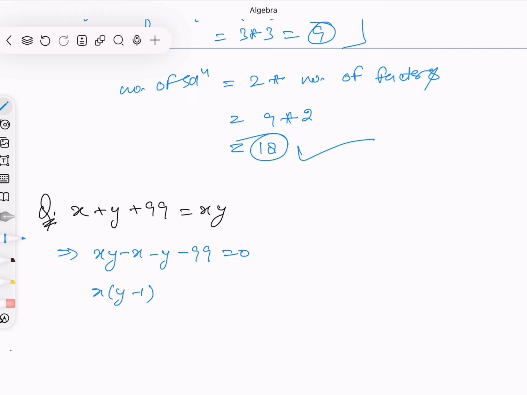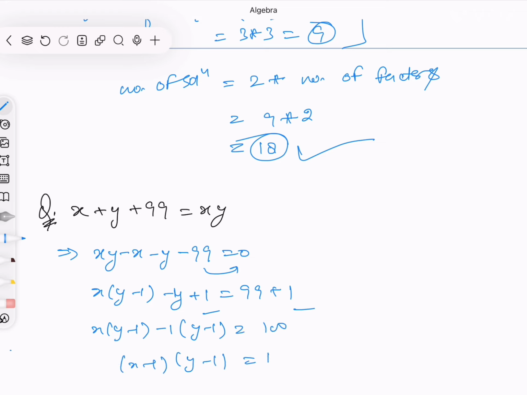This would be minus y plus 1 equals 99 plus 1. So I'm adding plus 1 here and adding plus 1 on the right hand side. Also, I'm taking 99 on this side. So my equation will look something like this, so that I can take minus 1 common. So this would be x minus 1 y minus 1 equals 100.